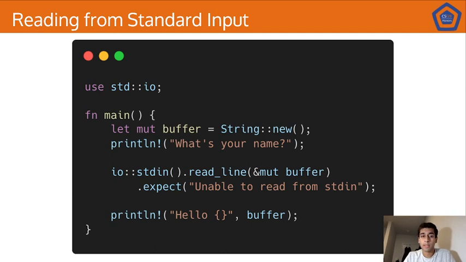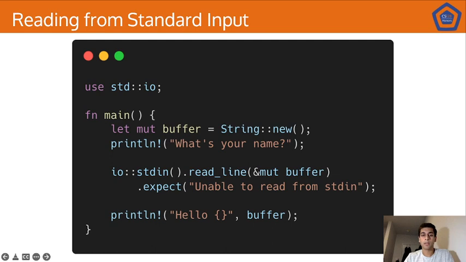So we're going to create a new variable buffer. Buffer is what we're going to use to keep track of what the user puts into the command line. So we're just going to create a new string, and we're going to want to be able to change this variable because we don't know what the user wants to put in yet. And then we're going to print out what's your name, and then this line is where we ask the user for some standard input.